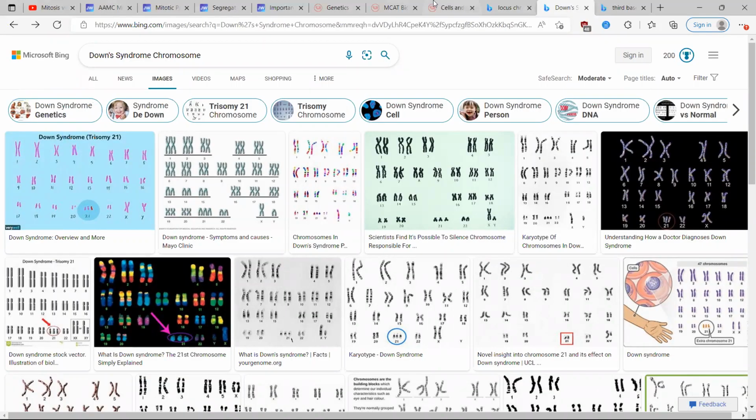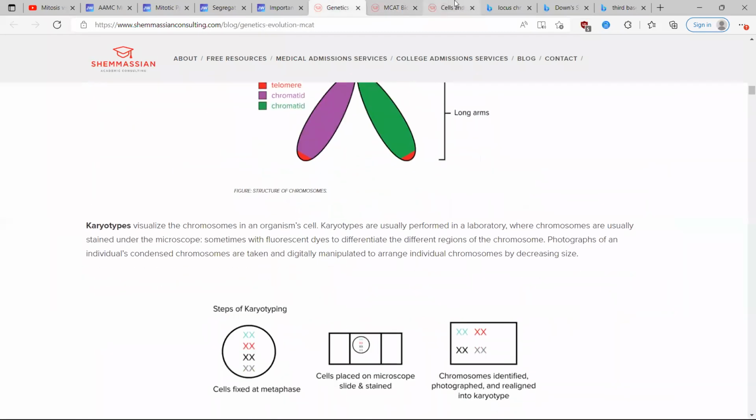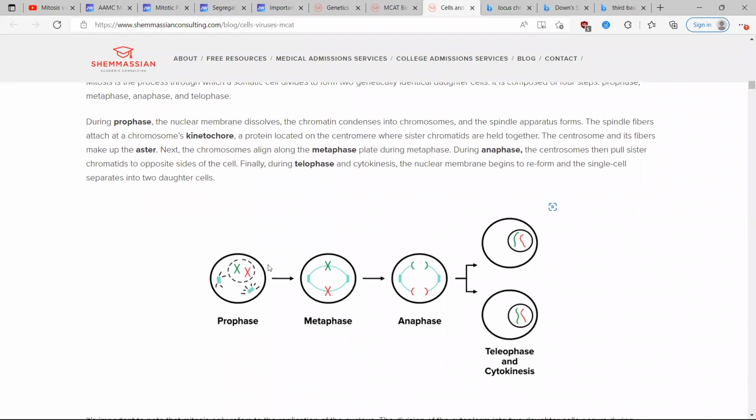Okay, so now we want to talk about this diagram here, where there are only 2 chromosomes. Then in metaphase is when they line up in the middle, and they get pulled apart in anaphase.